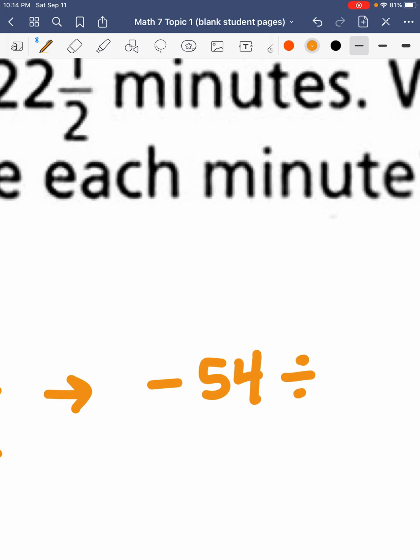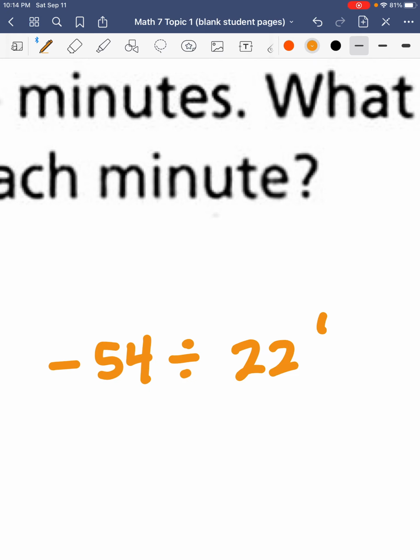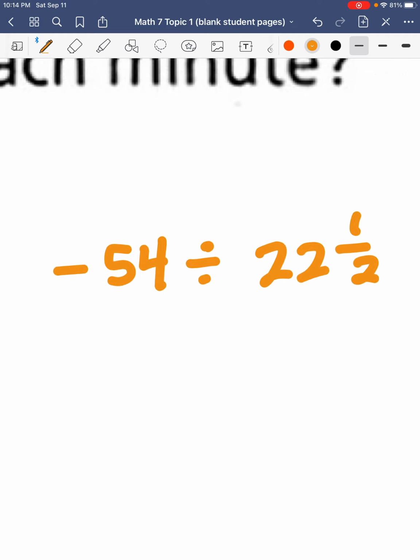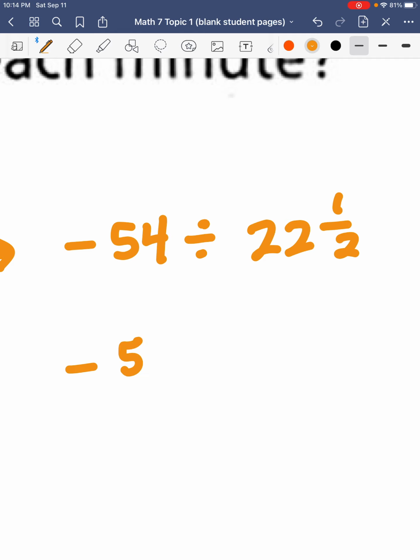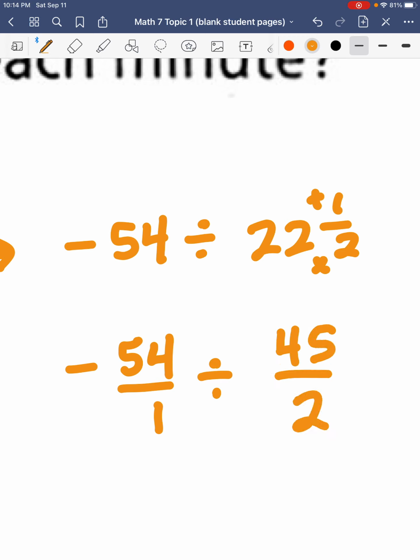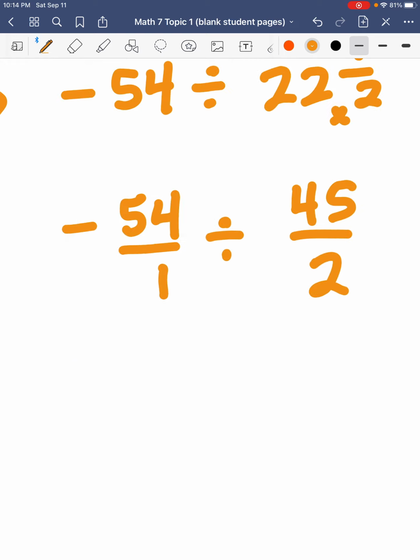divided by 22.5. So let's write both of these numbers as fractions. So we have negative 54 over 1 divided by, now let's write this as an improper fraction. 2 times 22 is 44, plus 1 is 45. So 45 over 2. Now that they're both fractions, we can do keep, change, flip.